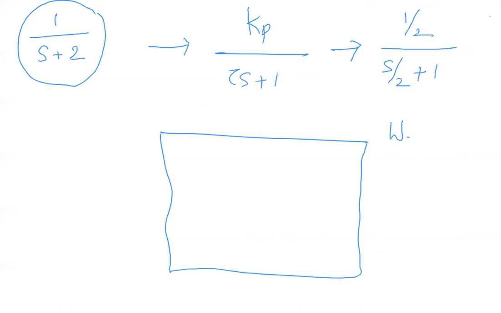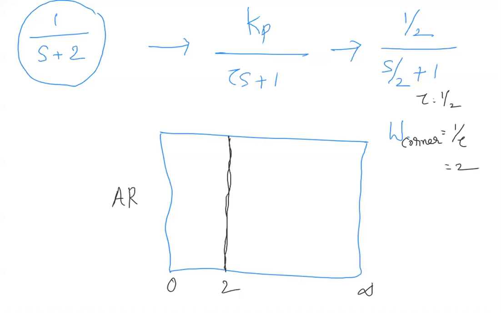So what is corner frequency? 1 by tau. What is tau here? 1 by 2. So which is 2. 0, 2 and infinity. Clear? Now amplitude ratio and omega.